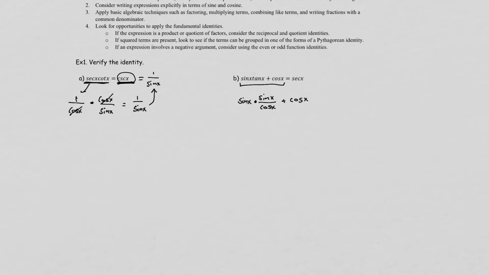And this is multiplication and addition, so you do multiplication first. When you multiply these two, because sine x is the same as sine x over 1, numerator multiplied by numerator gives you sine squared x over cosine x. And don't forget you have plus cosine x before.